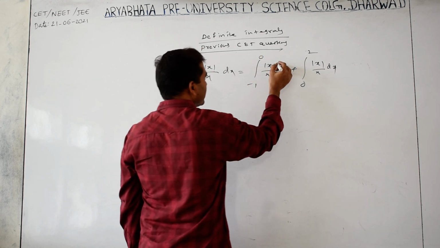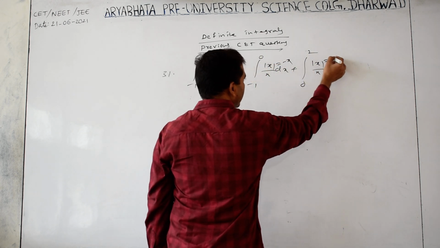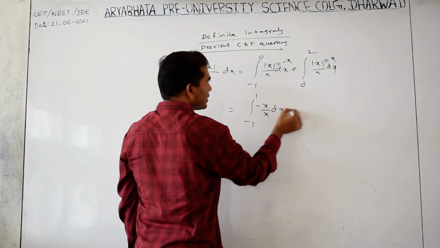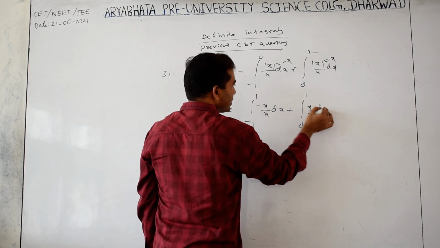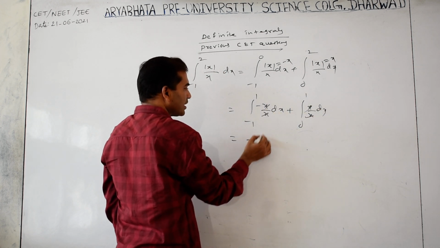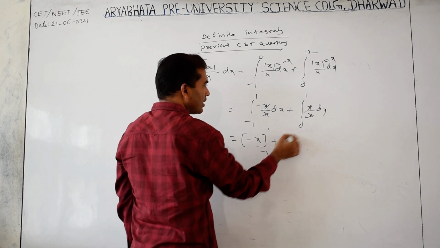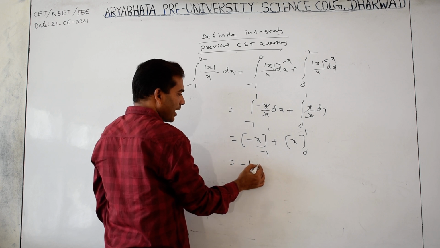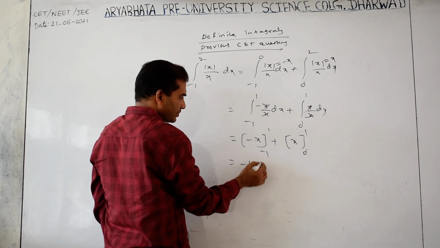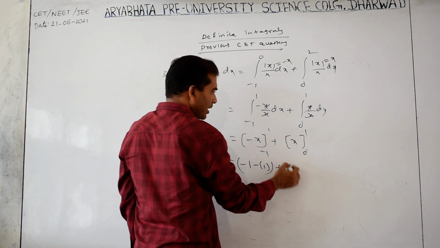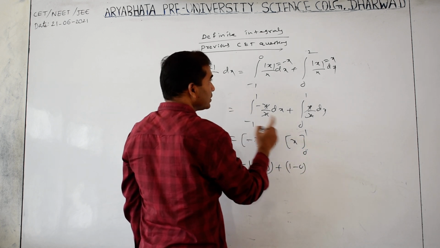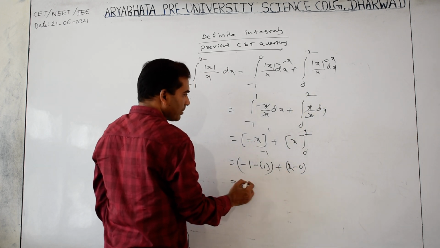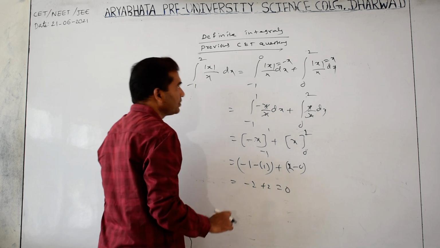In this interval the mod x is negative. In this interval the mod x is positive. Minus 1 to 0 minus x by x dx plus 0 to 2 x by x dx. The x cancels. Integration of minus 1 is minus x, limits minus 1 to 0, and integration of 1 dx is x, limits 0 to 2. Apply the upper limit minus lower limit: minus 1 plus 1... sorry, this is 2 minus 0, minus 1 minus 2 plus 2, the answer is 0.